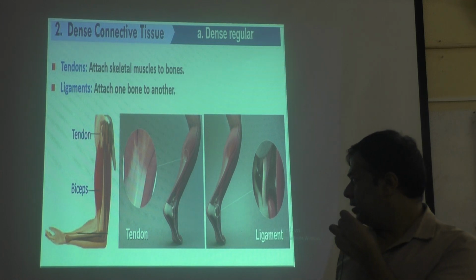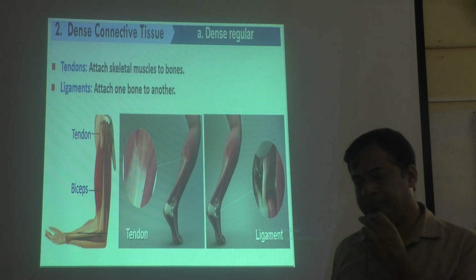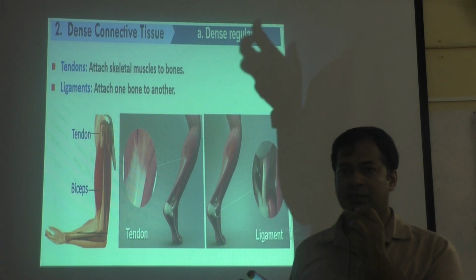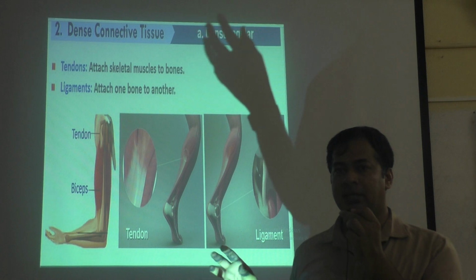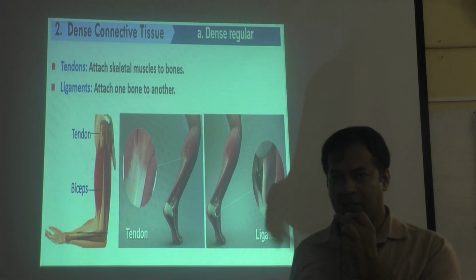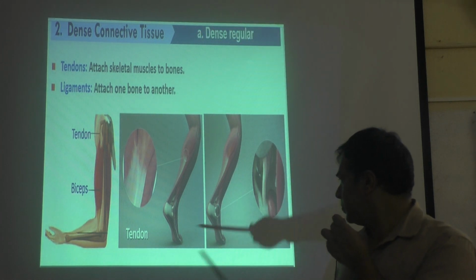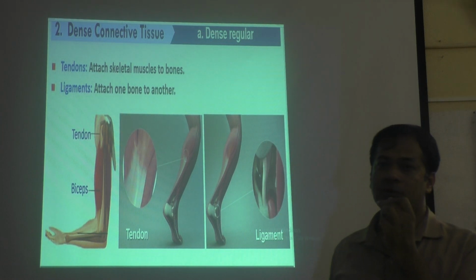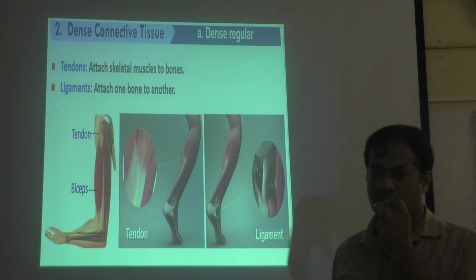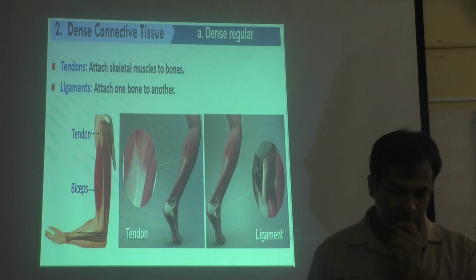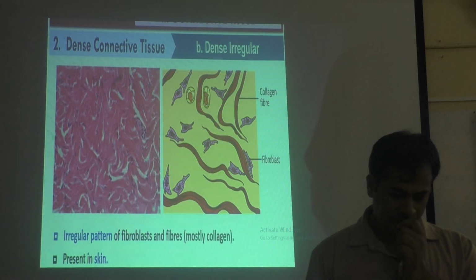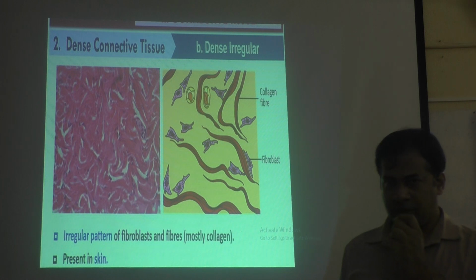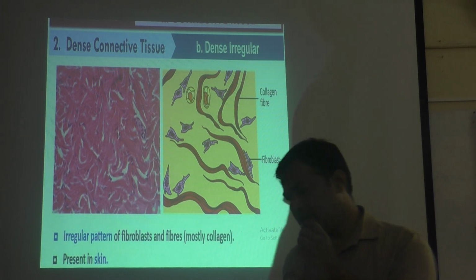So tendon is the connective tissue which connects bones with skeletal muscles. Skeletal muscle means which is under our control. Then ligament is the part which joins bone with bone. Then what we discussed just now is dense regular.